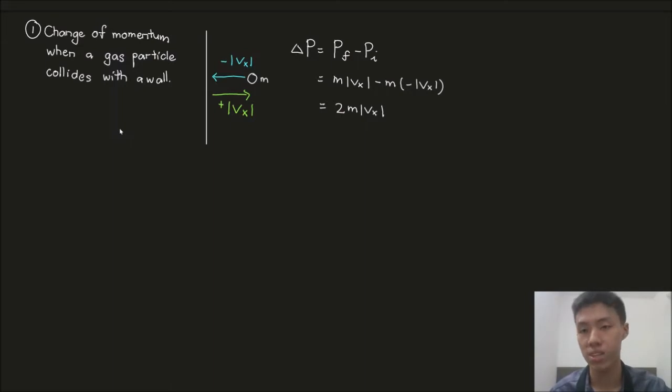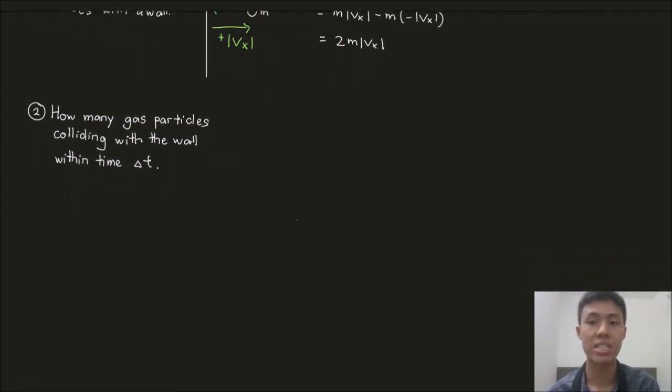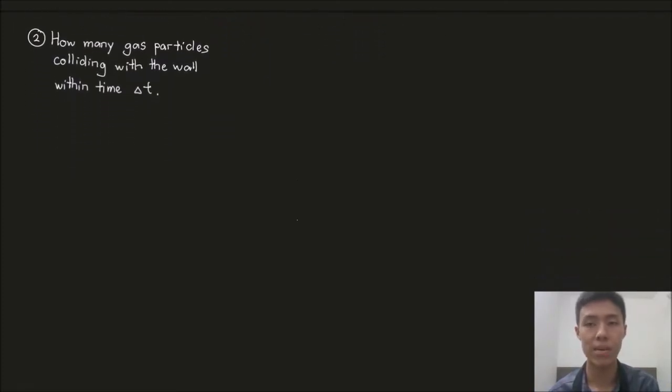Okay, so let me write down the second step. So now we are going to study how many gas particles collide with the wall within time delta t. So we fix our time period, our duration here, to be delta t. So we want to find how many gas particles are colliding with the wall within this duration of time.